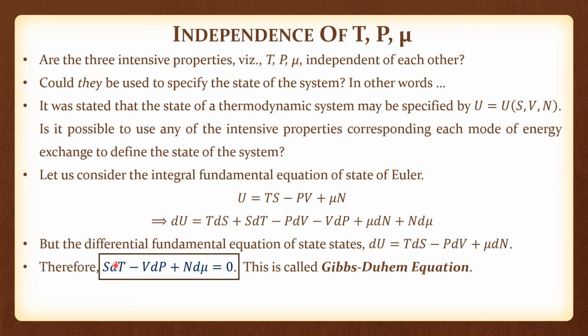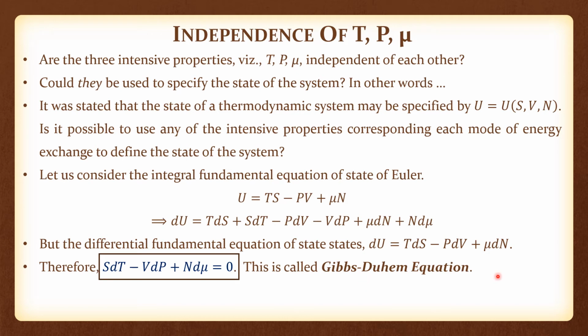It gives a relationship between a differential change in temperature, a differential change in pressure, and a differential change in chemical potential. In other words, I cannot independently change T, P and mu, all three simultaneously, because if I change any two, the change in the third one is determined by the Gibbs-Duhem equation.